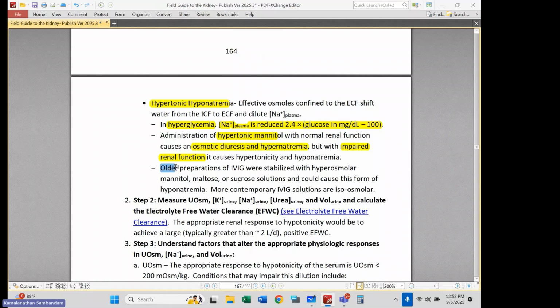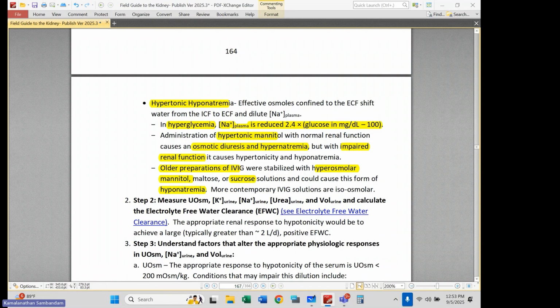Okay. Older preparations of IVIG had concentrations of sucrose, sometimes mannitol, that were high compared to serum osmolality and could cause a mild hyponatremia if you got large volumes of IVIG if they were hyperosmolar preparations.